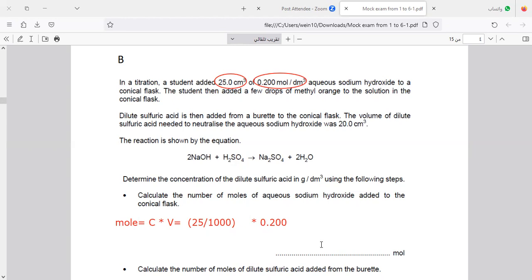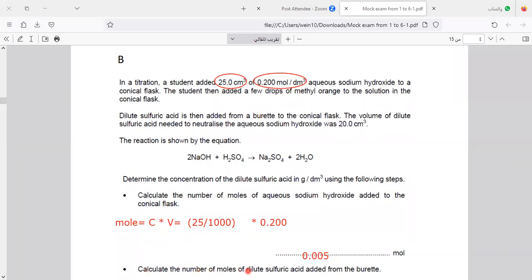How? Divide by 1,000. Very easy. So 25 divided by 1,000 will be 0.025, multiplied by 0.200. It will be 0.005. So the answer here is 0.005. Okay? This is the number of moles of sodium hydroxide.